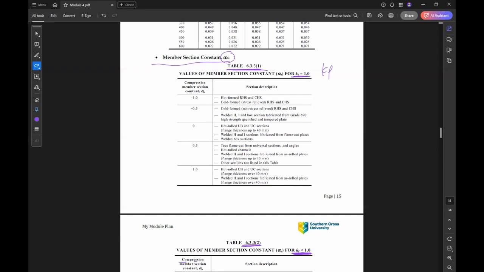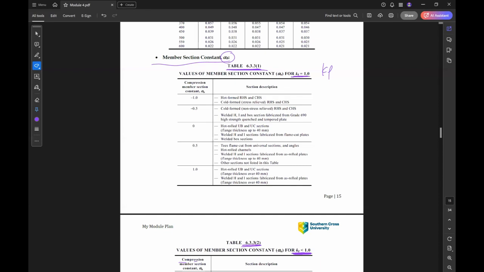So what are the parameters needed here? If f yield is known, we need L effective, r, and kf.